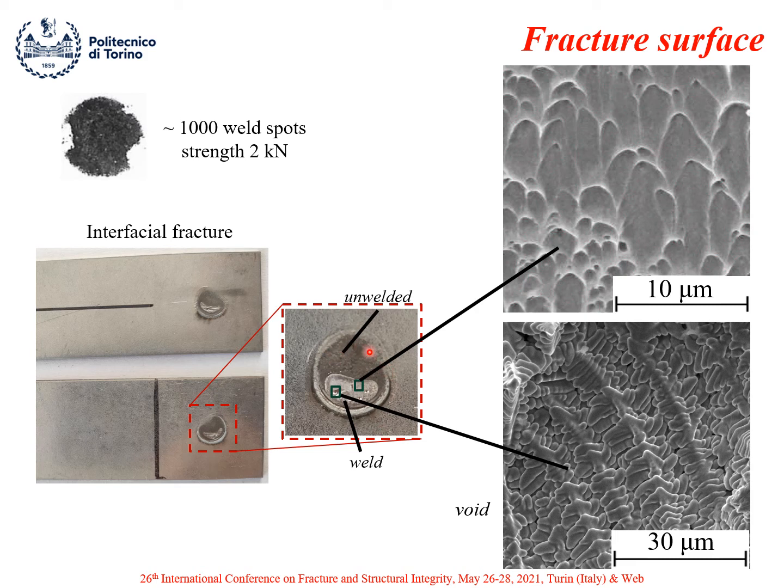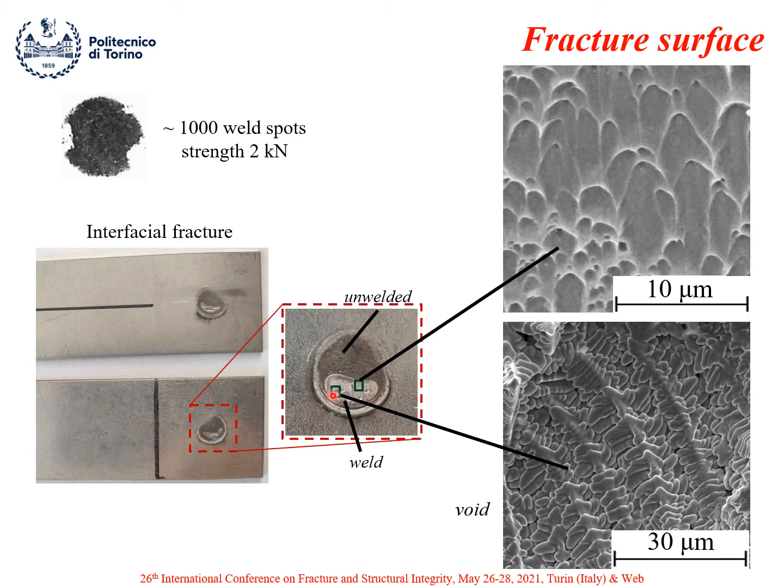You can see here some unwelded area, and only this region was welded during the joining operation. This means that in this case we have a very reduced cross section of the joints resisting to the external loading condition.